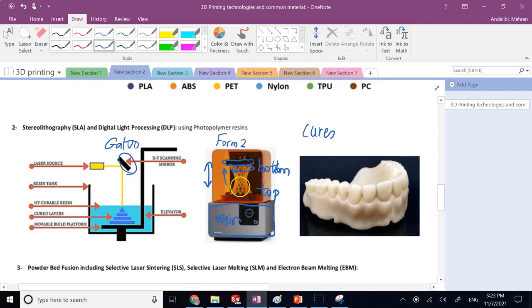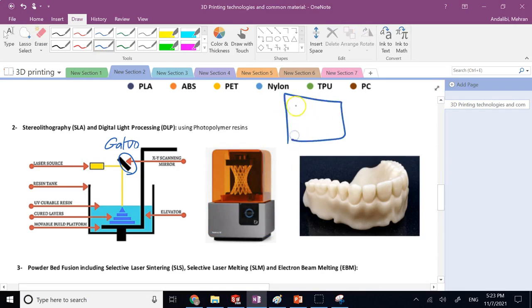As I said, there is some uncured resin on the part. So the next thing you do, typically, you take this part and put it in a second container, which is called the wash machine. Okay, so it tries to get rid of the uncured portion of it.